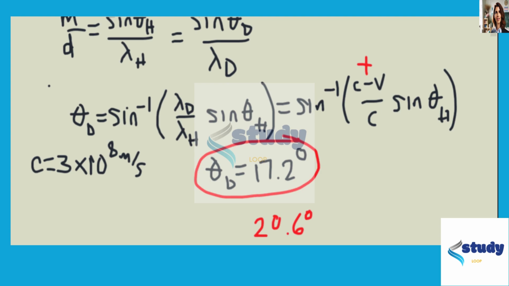And that's why I'm using minus. If it was coming toward Earth, then the relative velocity would be slightly higher. So I believe this is correct, but I could be mistaken. And it could possibly be this.